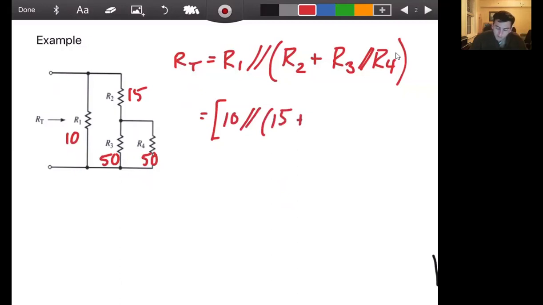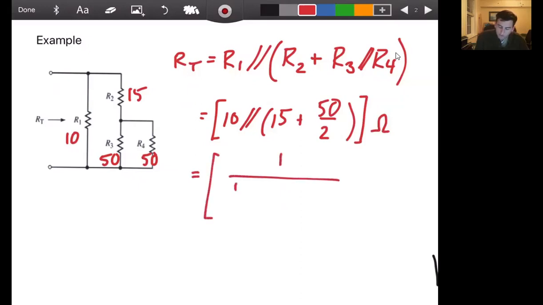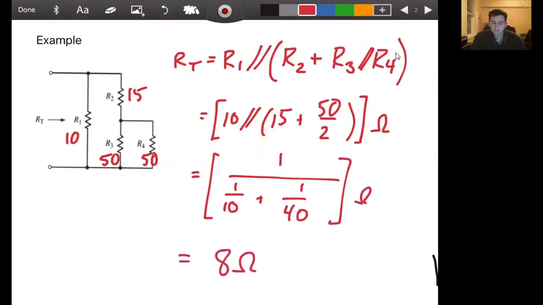Since they are equivalent values, they're both 50, the total resistance of those 2 in parallel is just 50 divided by 2. And again, we maintain our units here in ohms. This becomes 1 over 10 plus 1 over 40. 40 came from just the sum of these 2 values. That's in ohms, and this comes out to 8 ohms.